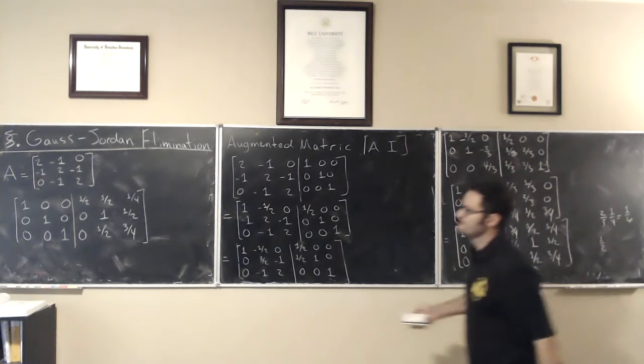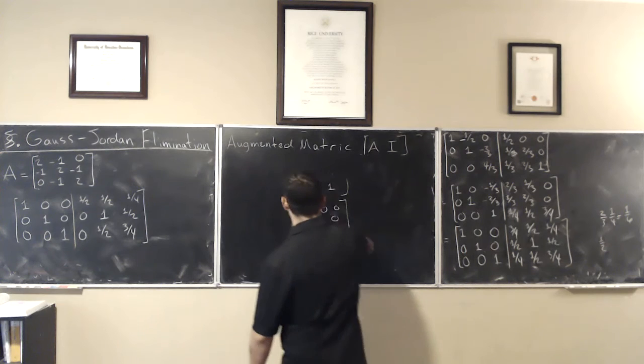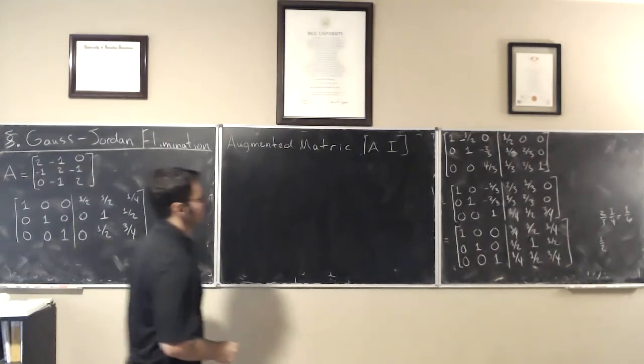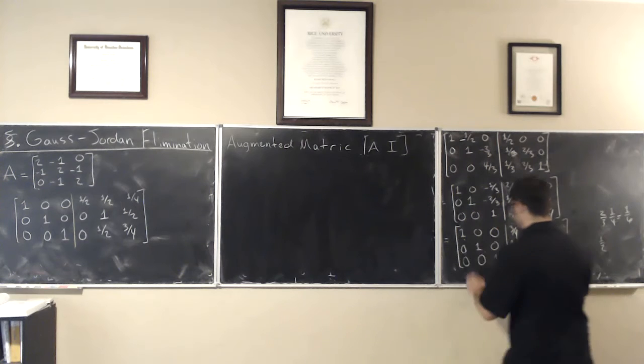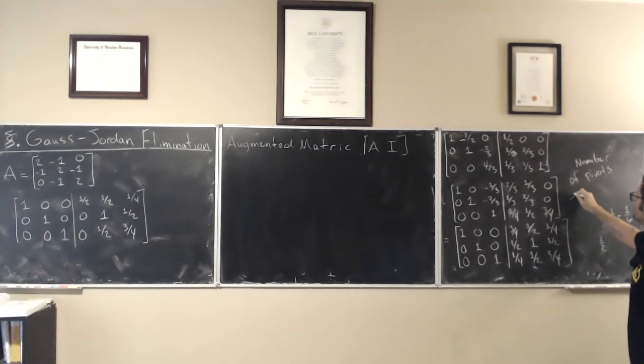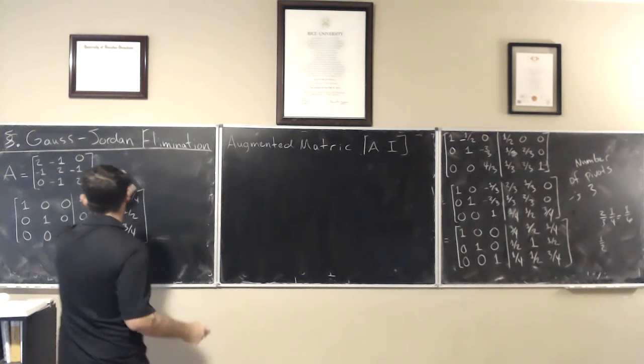Okay, finally, we can check that this procedure known as Gauss-Jordan elimination did indeed give us the inverse. Notice that there are 3 1s on the diagonal, so the number of pivots is 3. That's a good thing, because there's 3 columns, and we'll get to that in a moment.